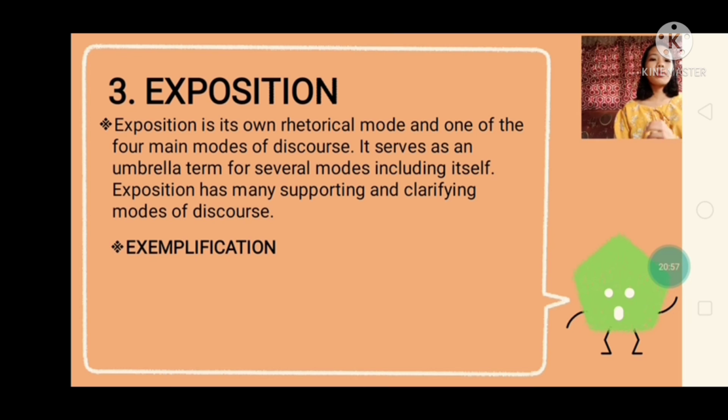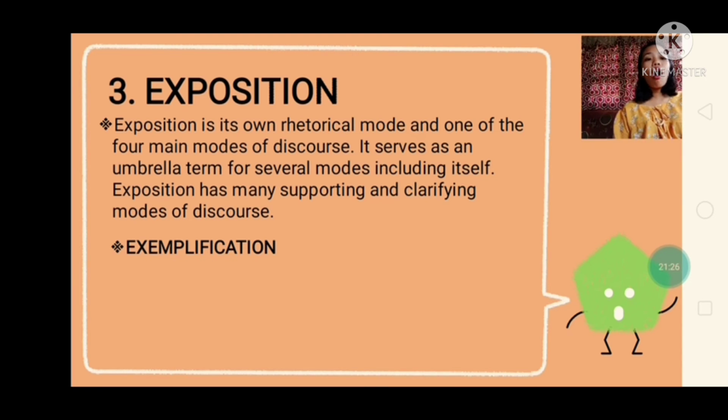We have here exemplification. When we say exemplification, it is also called illustration or illustrating because the writer uses examples to highlight or explain his or her point of view, the theme or the moral of that particular written article or story.